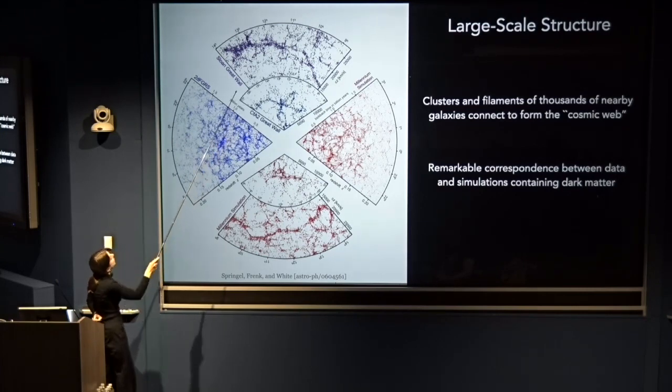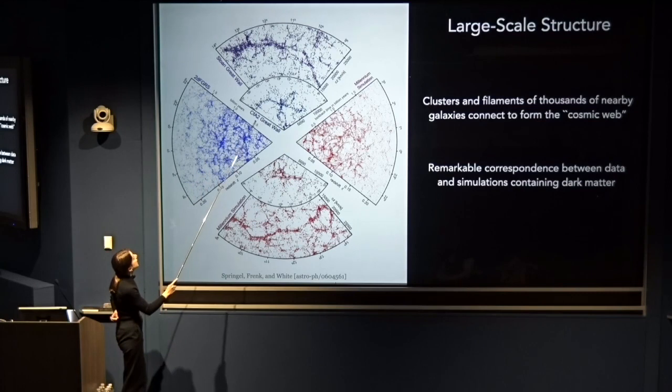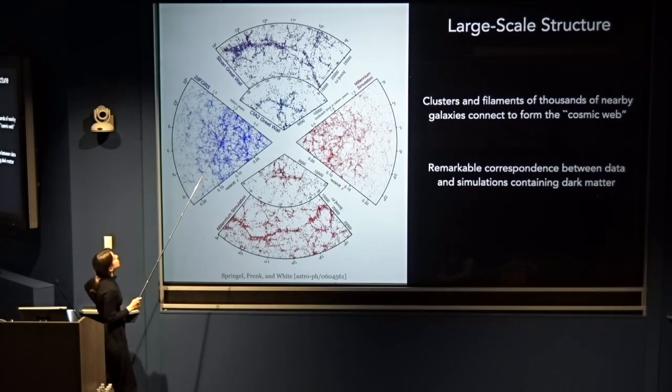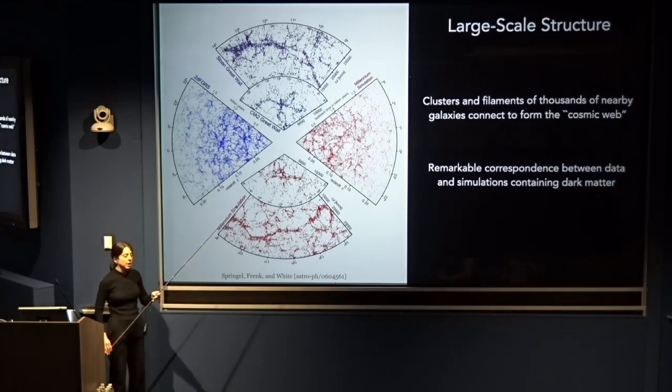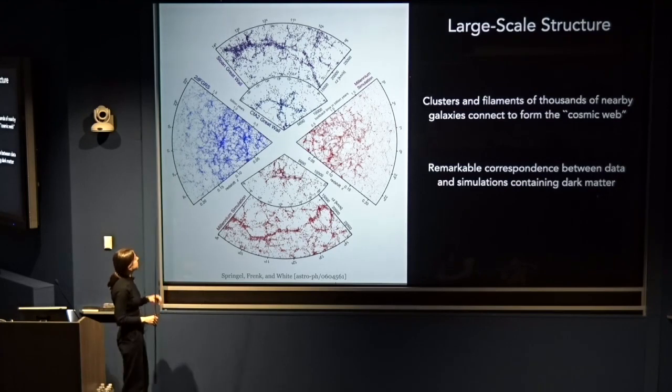These are different patches of the sky, and each little dot here is an individual galaxy that's observed. Where the coloring is really dark, you have a bunch of galaxies that are all clustered together. What really stands out in each of these panels is that web-like structure for how the galaxies are distributed across these really large scales.